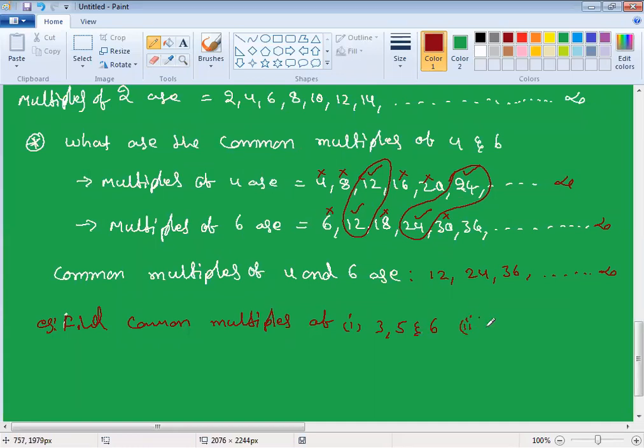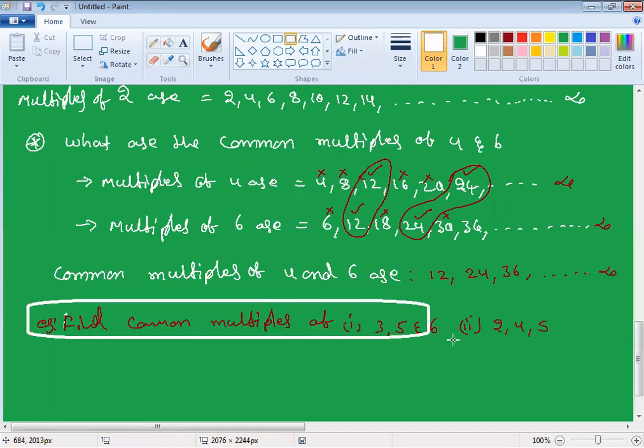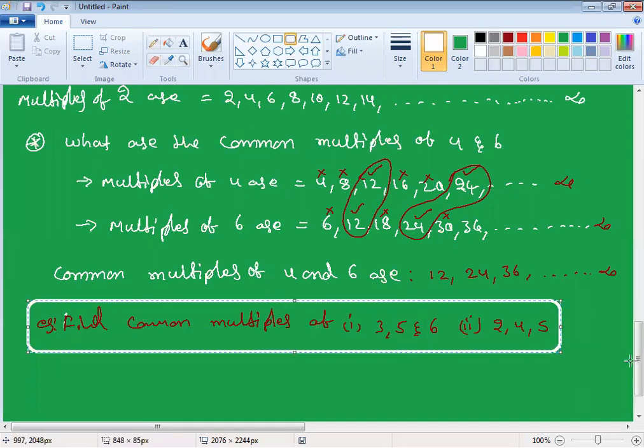Second question, 2, 4, 5. This is also considered as homework. Find the common multiples of these questions.